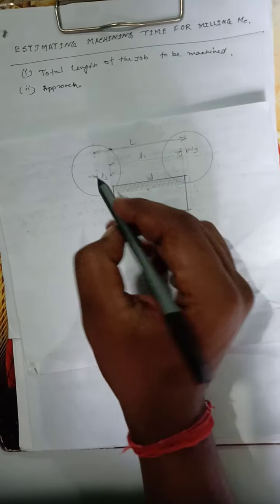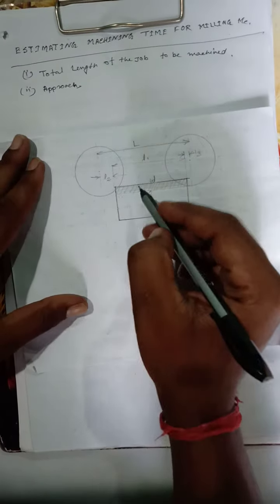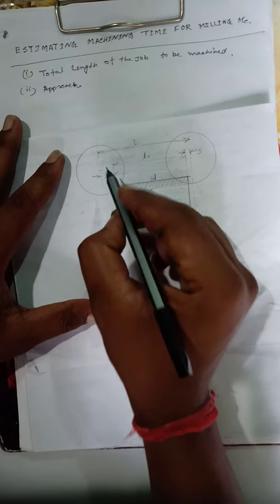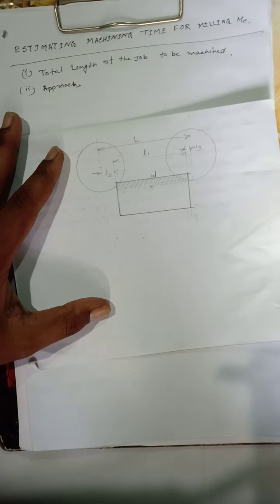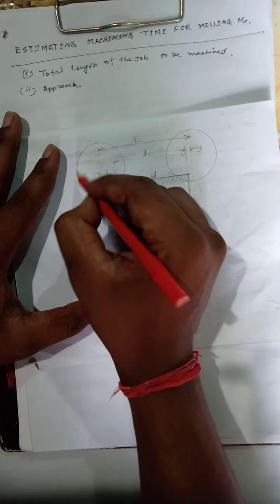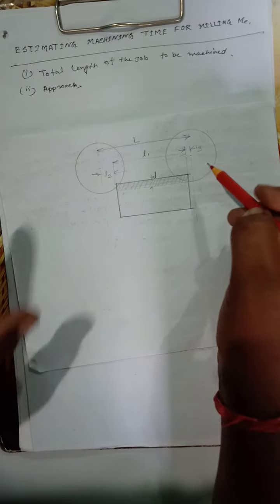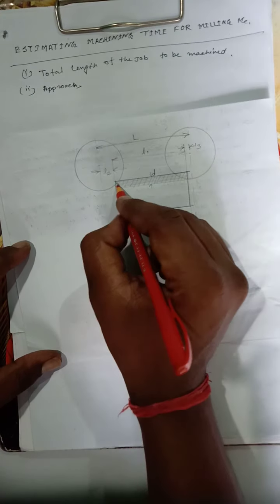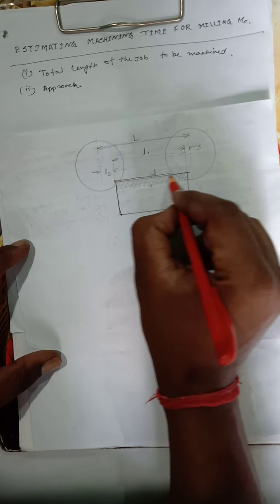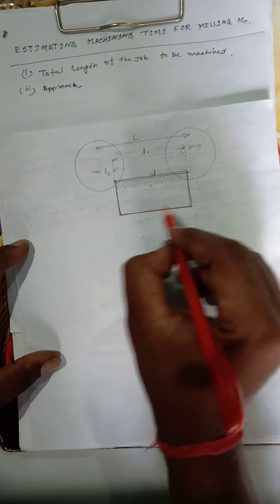There is a milling machine. This is the cutter, and this is my workpiece. What is approach?